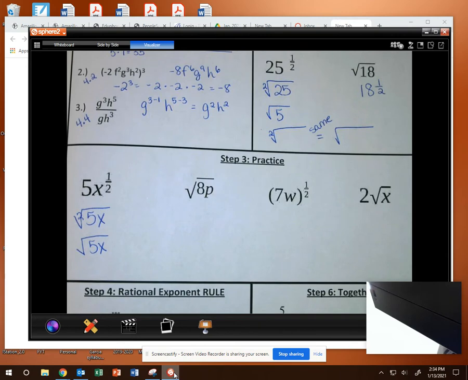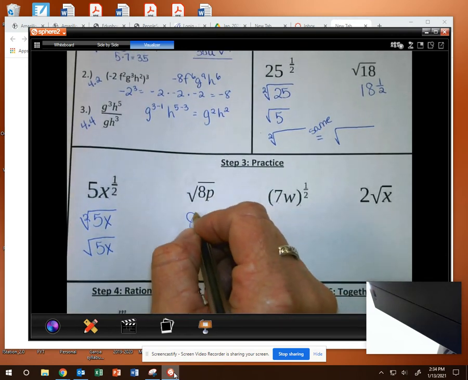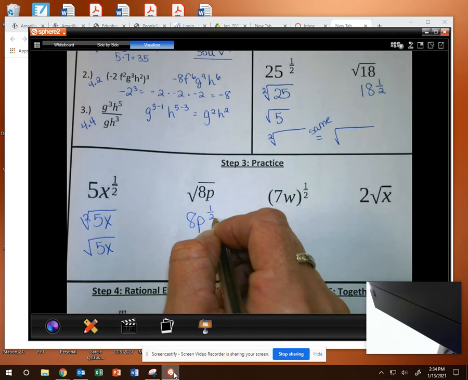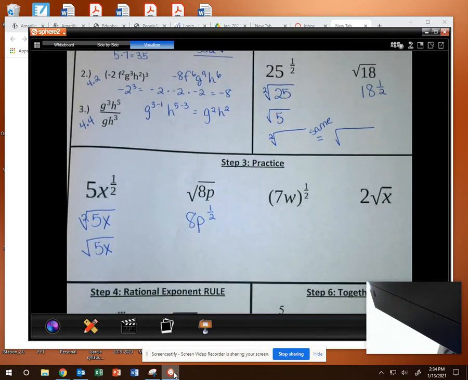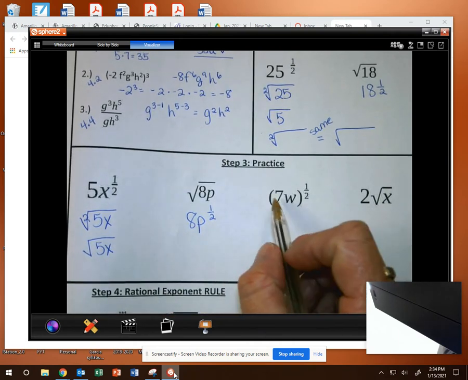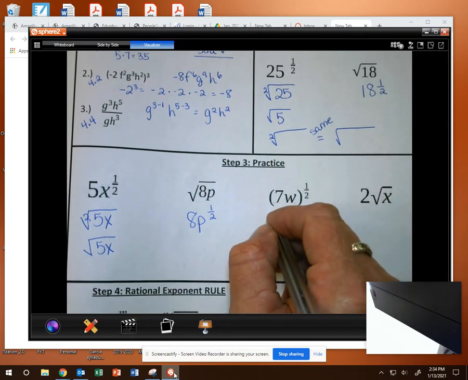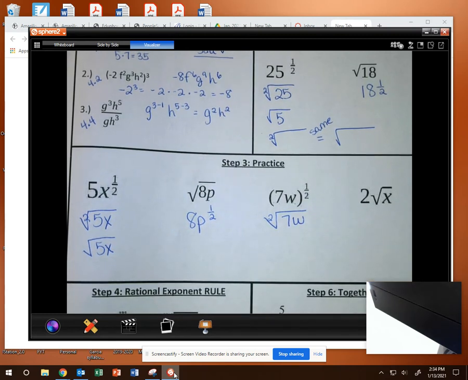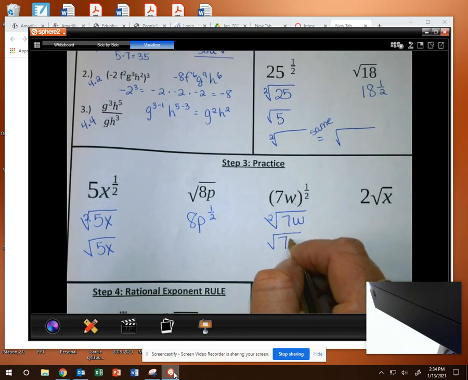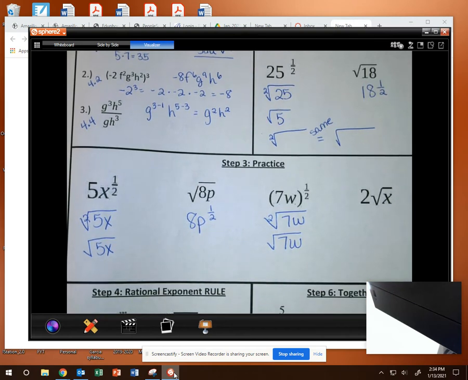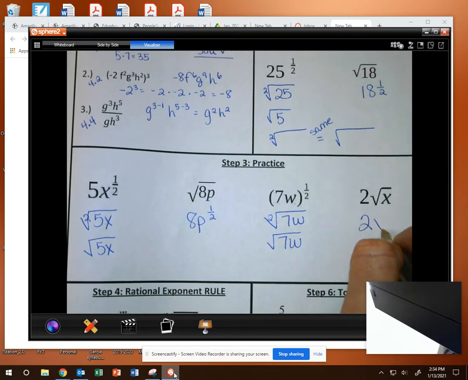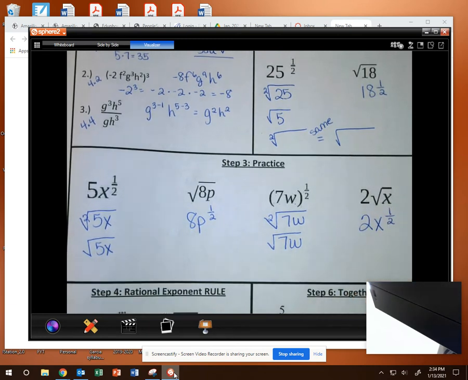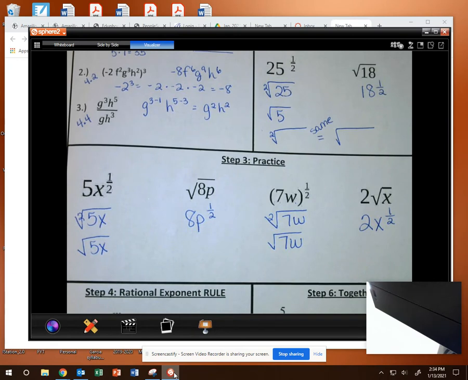The square root of 8p is 8p raised to the 1/2 power. 7w raised to the 1/2 power is the square root of 7w. 2 times the square root of x is 2x to the 1/2. Okay? All right.